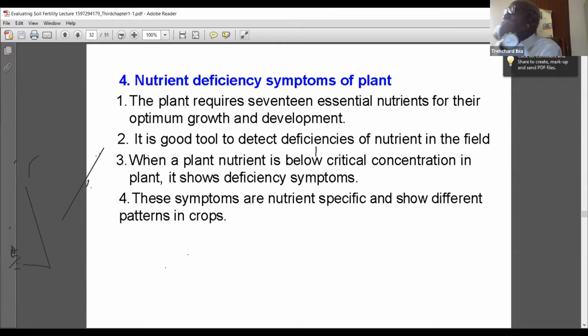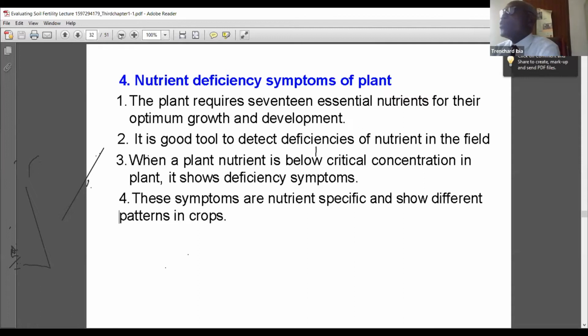Hydrogen, carbon, and oxygen are supplied from the air. Nitrogen has a way of coming from the air to the soil, and plants take them more from the soil. So most of the essential nutrients that are supplied by the soil express symptoms which trained personnel, experienced persons, and people that are directly involved in observing plant nutrient deficiency symptoms have used effectively and efficiently.